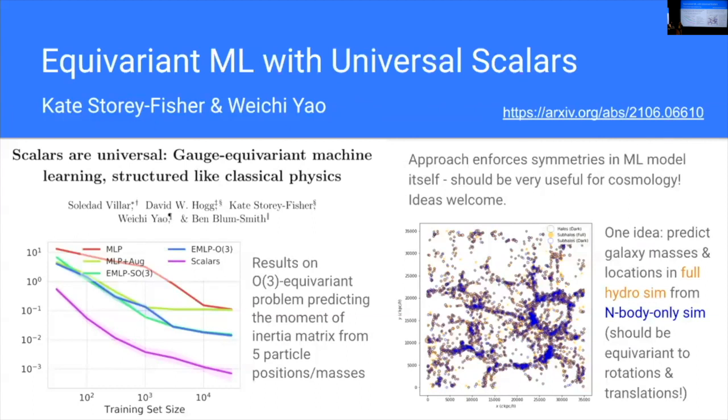Here we have O(3), so we have 3 dimensions, and we compare our methods with the equivariant MLP methods and others. Here we have MLP and we have the augment. The augment just means we applied random rotations to the data to expand the data sets. Maybe we will see better performance.